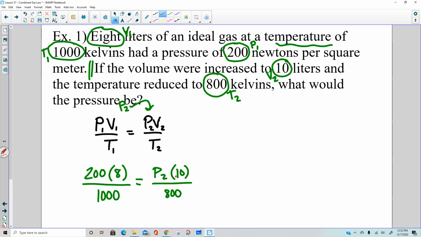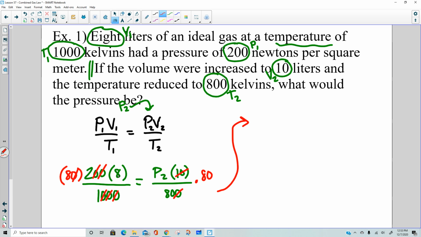All right, we can do a little bit of this by hand, can't we? So 10 goes into 800. Let's cross off one of the zeros. All right, P2 over 80. Let's isolate P2 by multiplying both sides by 80. We can do a little bit of this by hand, right? We've got a bunch of zeros. Looking at the left side, I've got 1, 2, 3 zeros in the denominator, so let's cross off 1, 2, 3 zeros in the numerator.